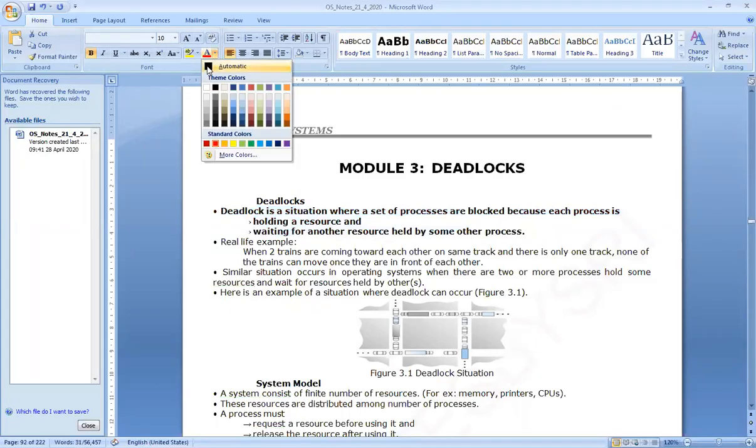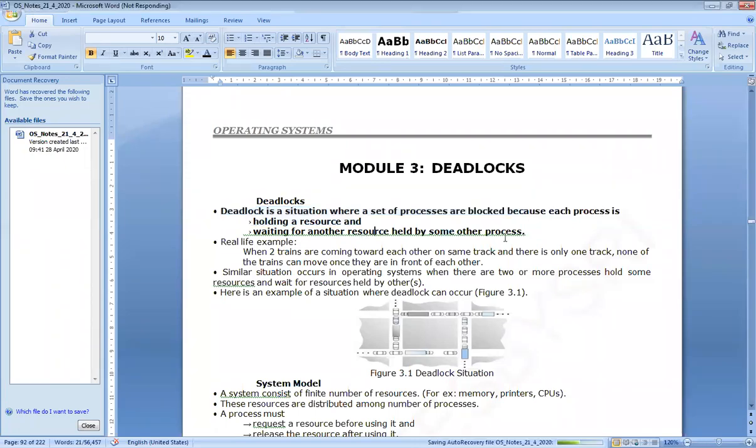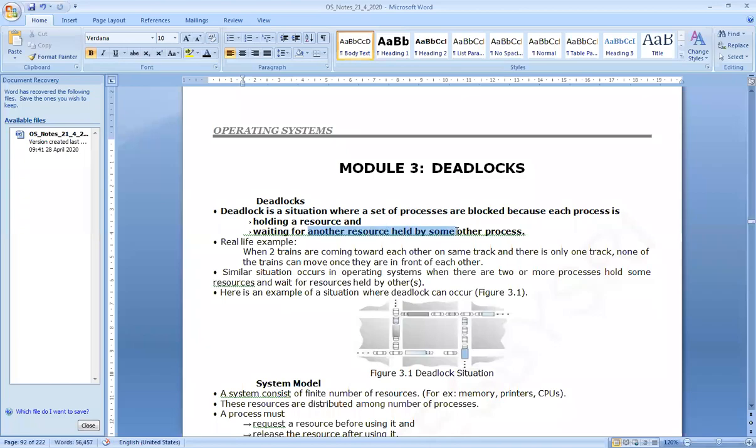That is called a deadlock situation, where a resource is held by a process and it is requesting one more resource which is already used by another process. So it leads to a deadlock situation.